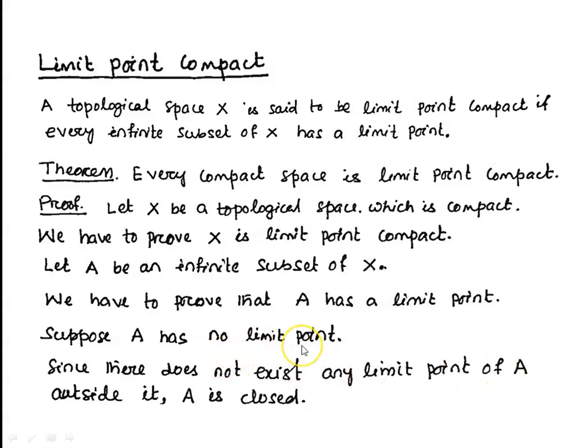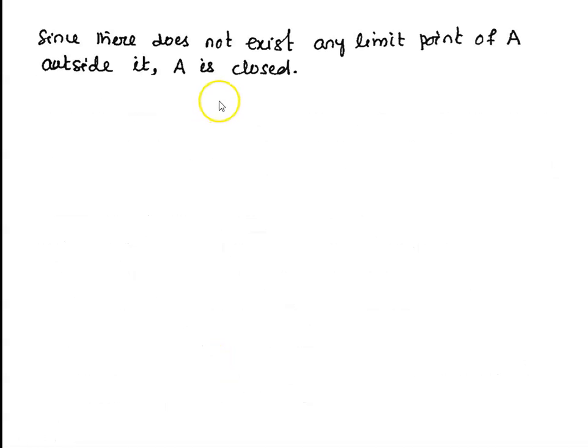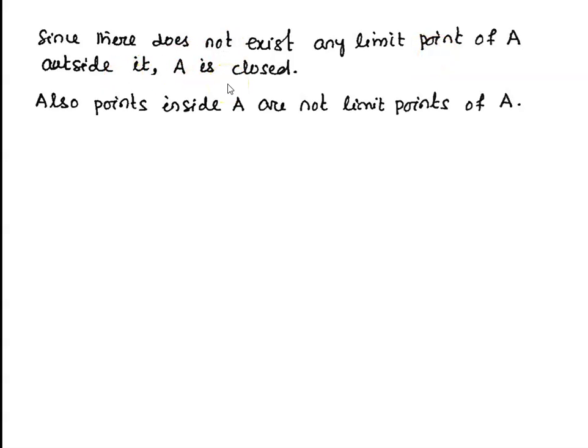Here A has no limit points, so A doesn't have any limit point outside A. So A contains all its limit points, and therefore A is closed.